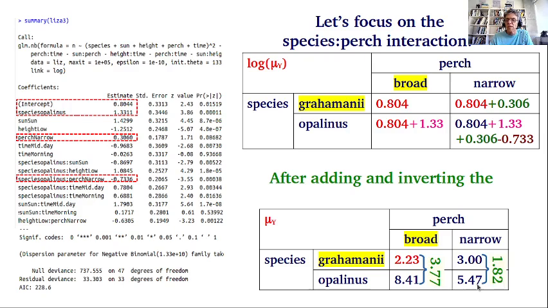So this difference in magnitude when comparing the two species in the broad and narrow perching size is what we mean by interaction: the magnitude of this difference changes depending on the level of the perch explanatory variable. Likewise, we could make a similar comparison by just comparing the preference of each species for narrow versus broad.